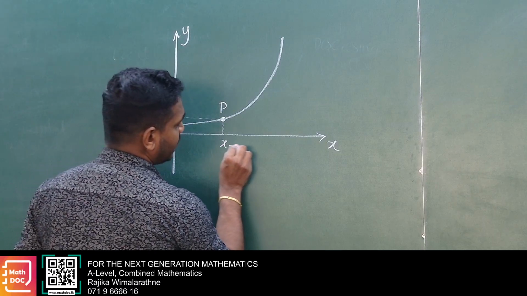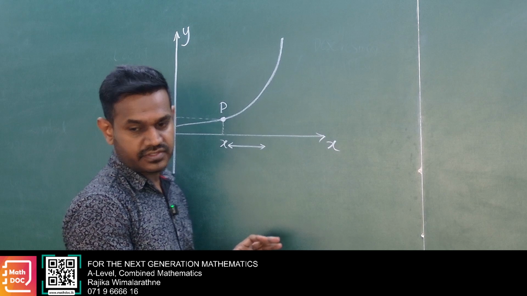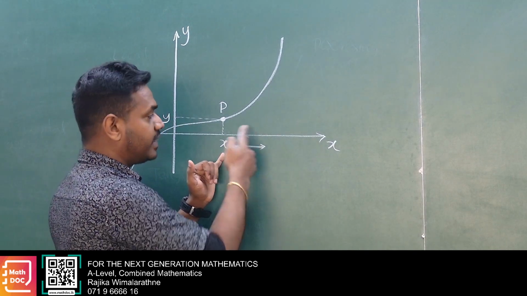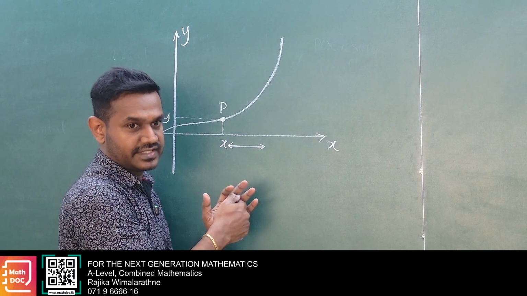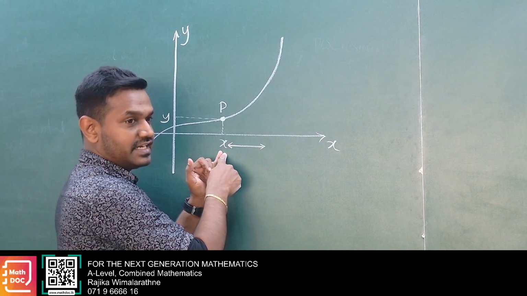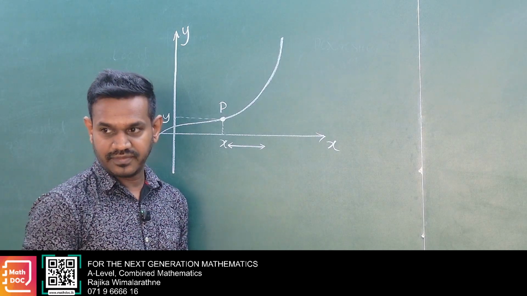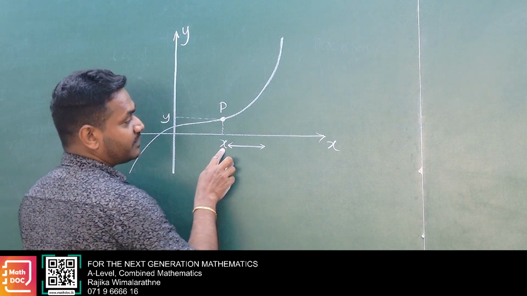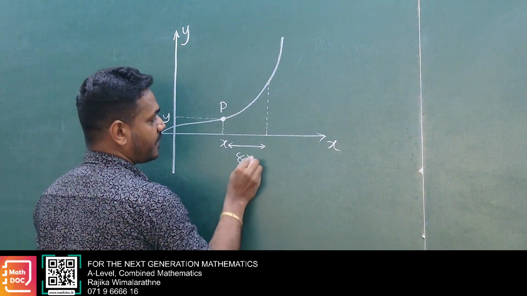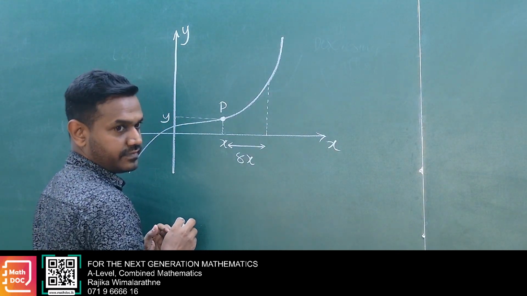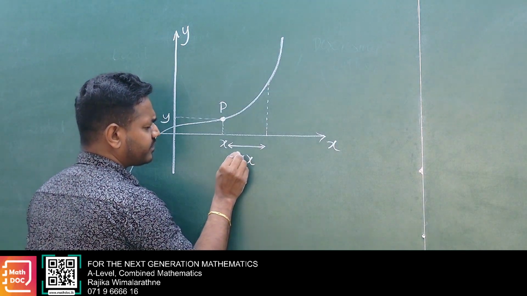So along this x-axis, I'm going to give a small increment. For example, 1 plus 1, 2, likewise. Here 10 plus 0.1, 10.1, likewise a small increment. When you consider variable x, this increment we denote by delta x.